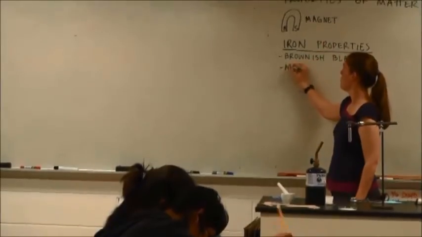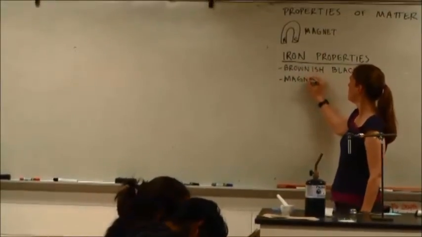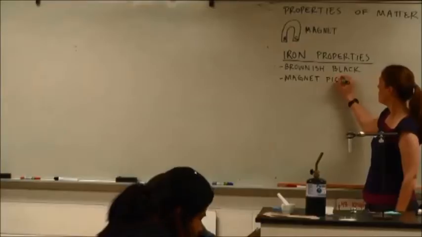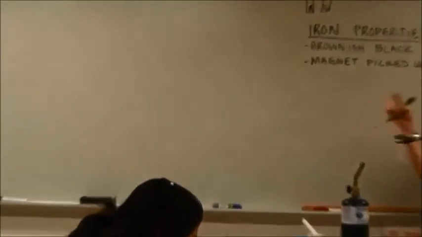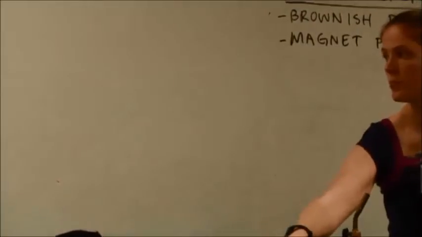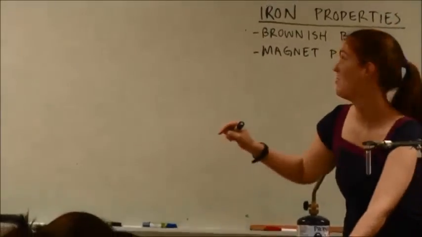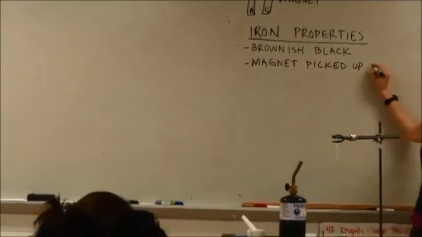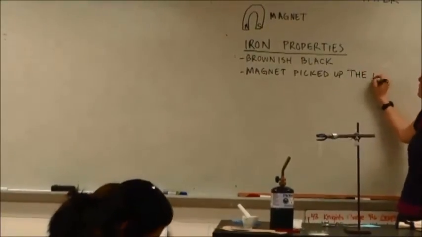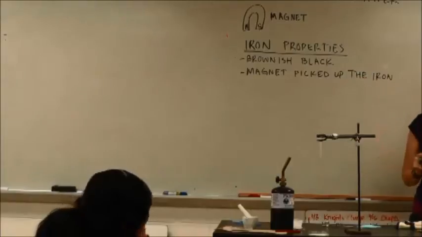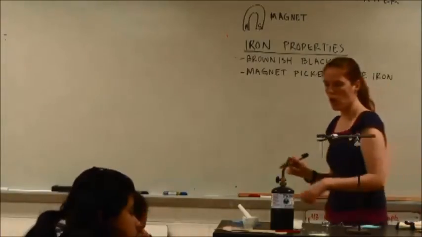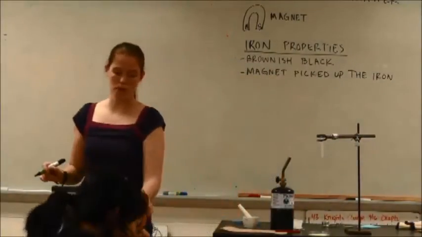Okay, so the magnet picked up, and what did it pick up? We called it the iron. Was it iron? Okay, good. So the magnet picked up the iron. Good. All right, what else? What's another property?